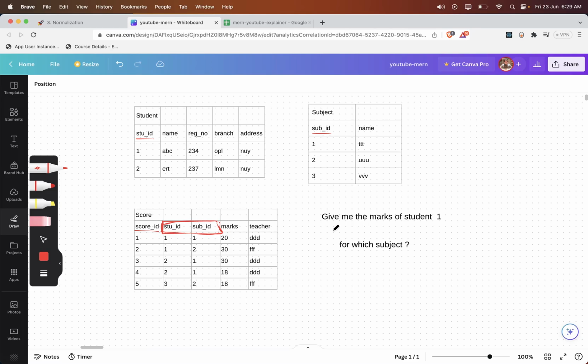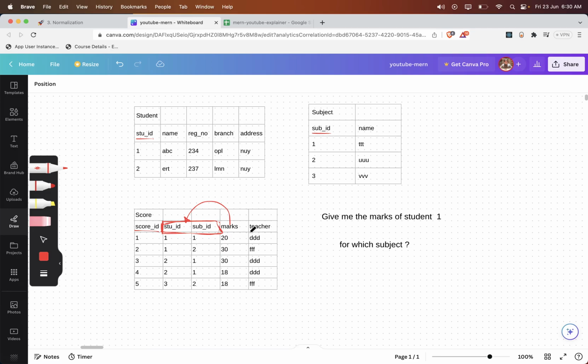If someone asks you, give me the marks of student 1, it is insufficient. You need to provide the subject also. Give me the marks for student 1 and subject 1, then you can say 20 marks. Which means that the marks column is fully dependent on the set of the primary key.